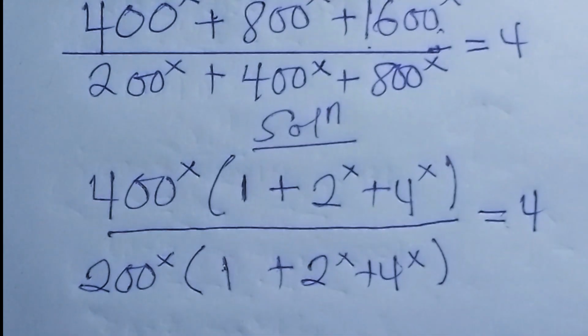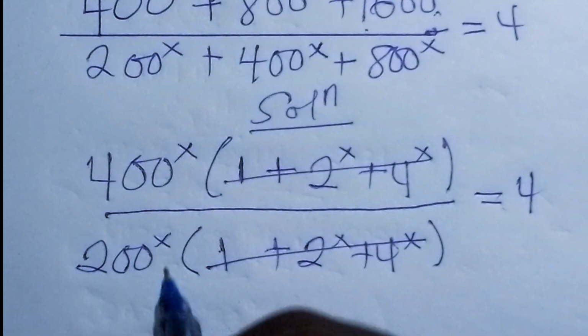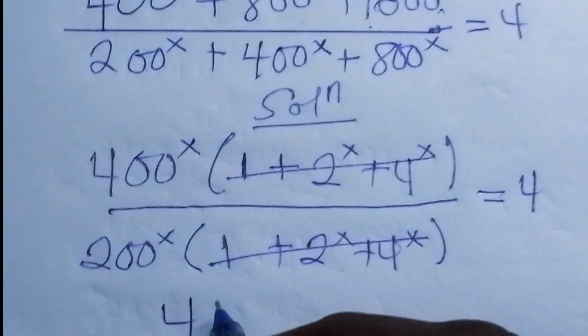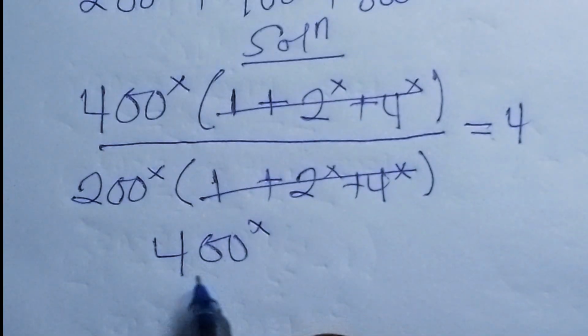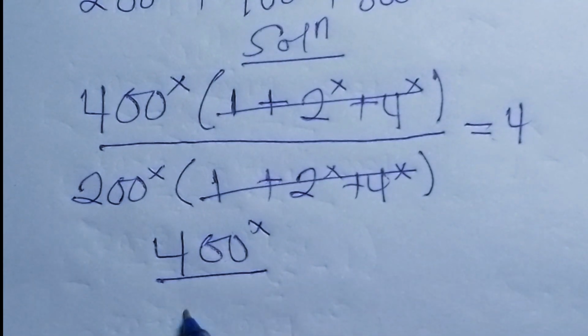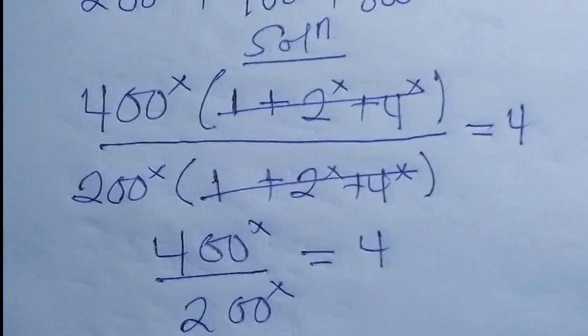Then automatically the bracket terms cancel out. So we have 400^x all over 200^x, all is equal to 4.